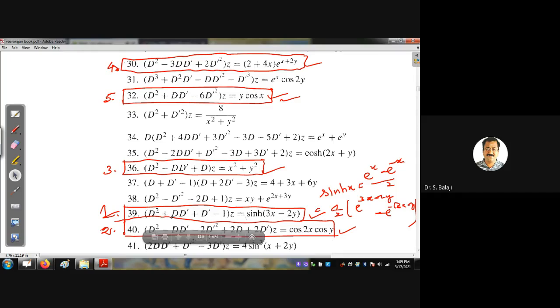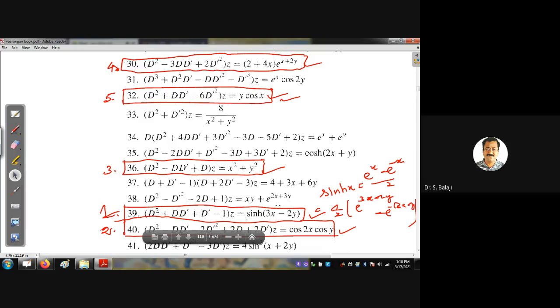First one: D square plus DD dash plus D dash minus 1 of z equal to sinh of 3x minus 2y. Sinh of 3x minus 2y.